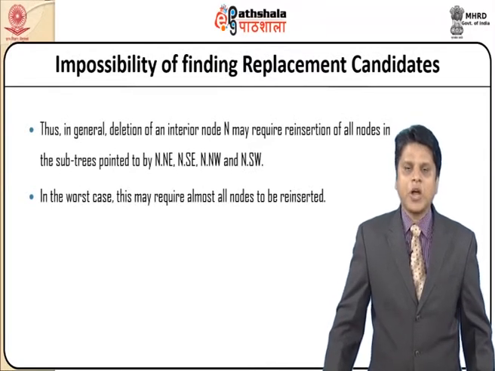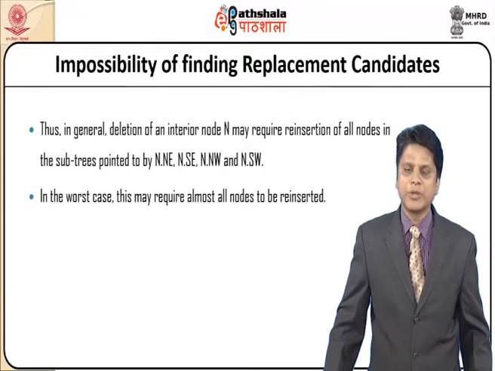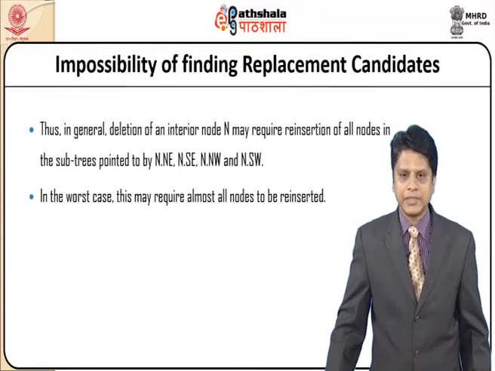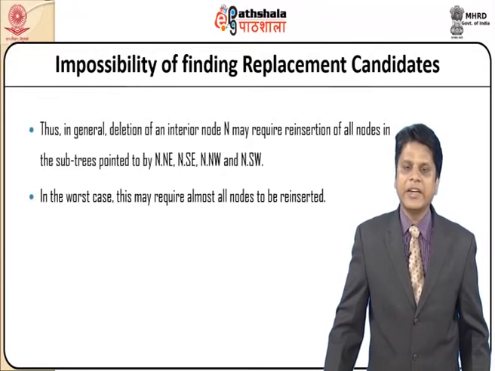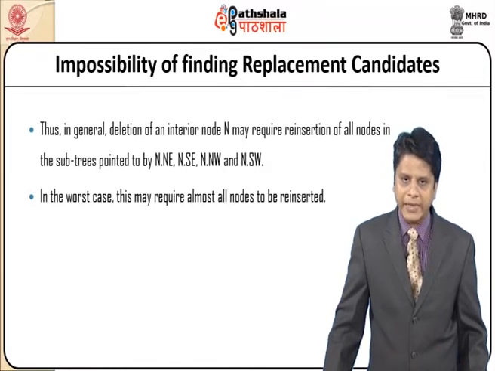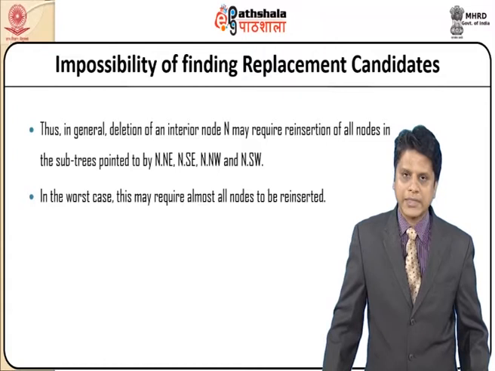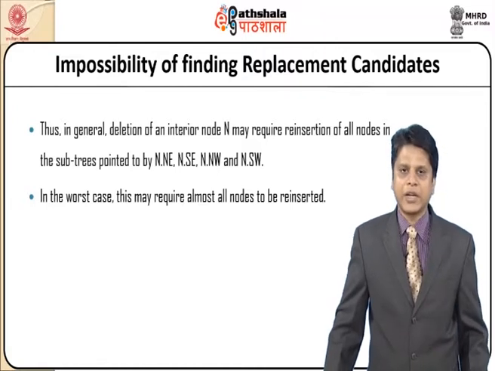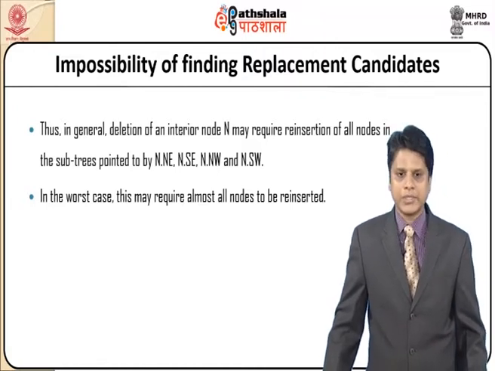If I am not able to find an appropriate replacement node, then there is an impossibility of finding a replacement candidate. Thus, in general, deletion of an interior node n may require reinsertion of all nodes in the subtrees pointed to by n dot ne, n dot se, n dot nw and n dot sw.